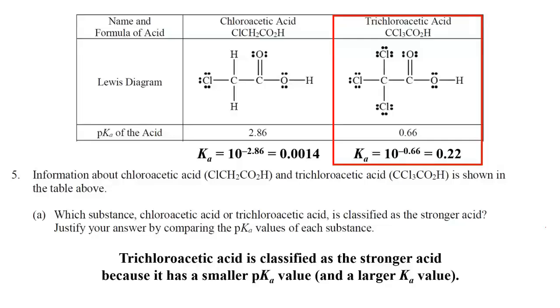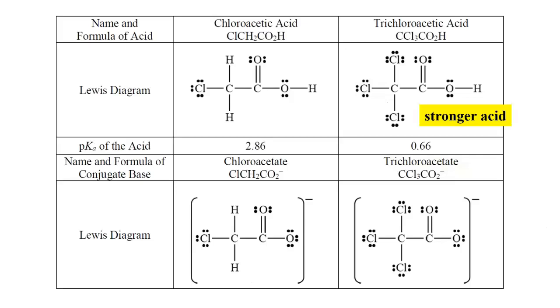Now, before we take a look at part B of question 5, I'd like to talk about a comparison between Ka and Kb, which you can see as one of the equations on the AP Chemistry equations and constant sheet. So what do we know so far about the comparison of these two acids, chloroacetic acid on the left and trichloroacetic acid on the right?